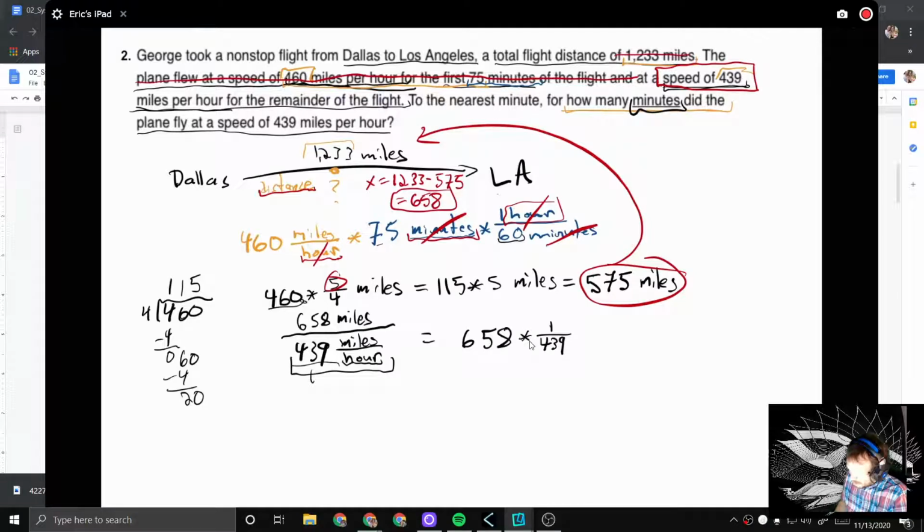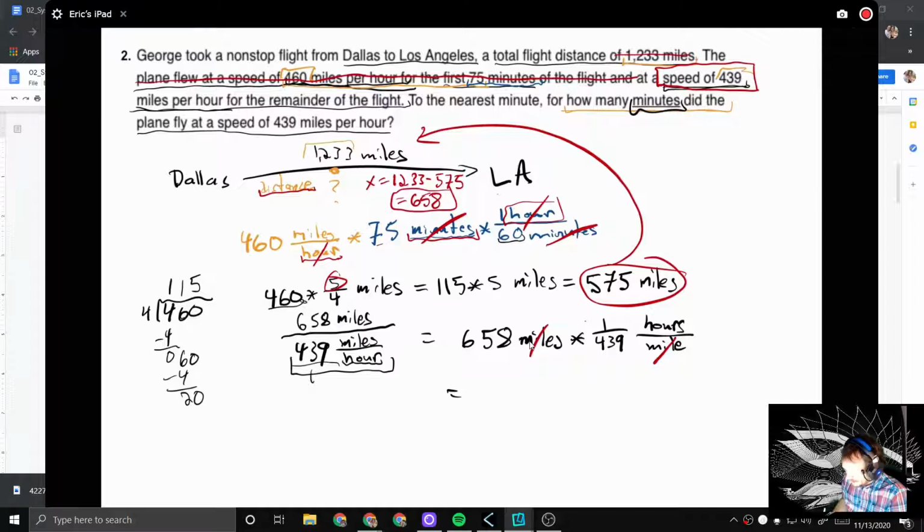So flip it upside down. Hours per mile. And we can cross off the miles. And then we just do 658 divided by 439. And that gives our hours.